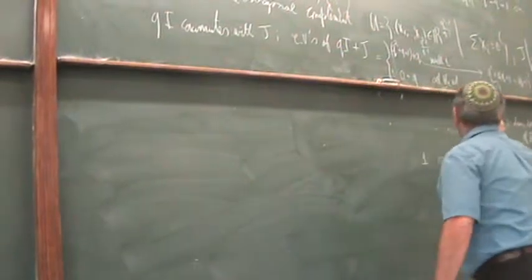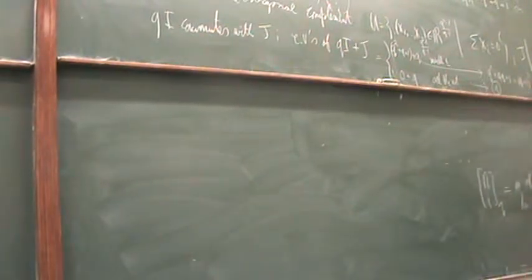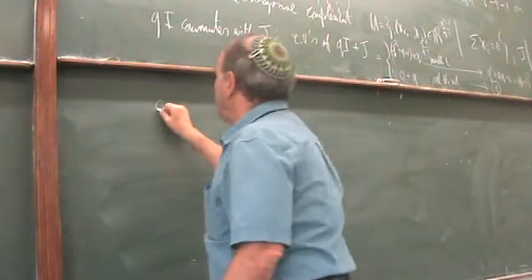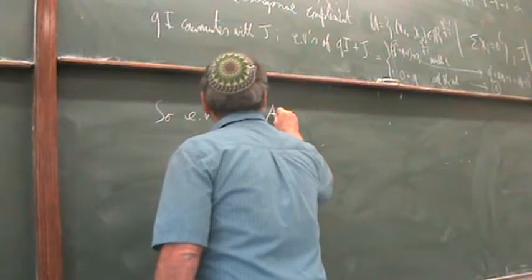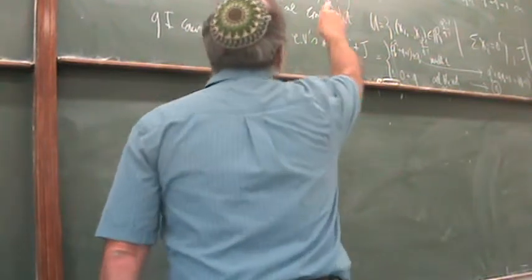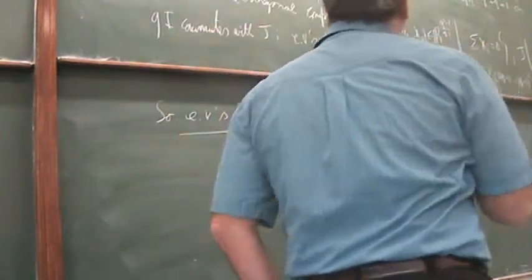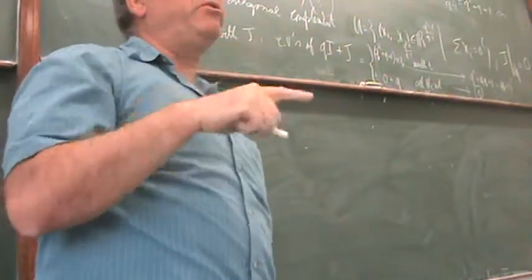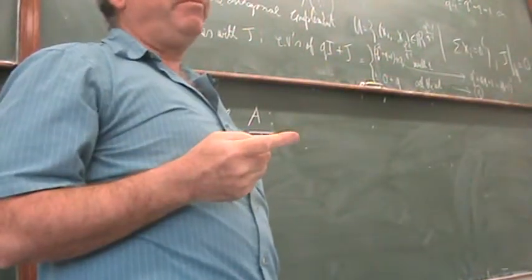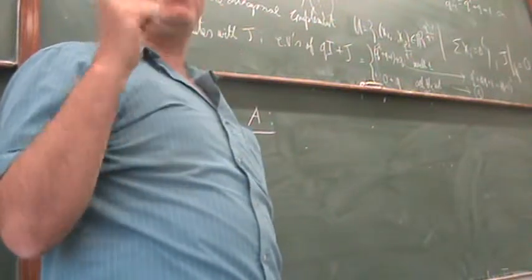I take square roots of these. So for the eigenvalues of A, I have to take the two roots of Q plus 1. Which roots will I take, the positive one or the negative one? Both, each one once. Why?